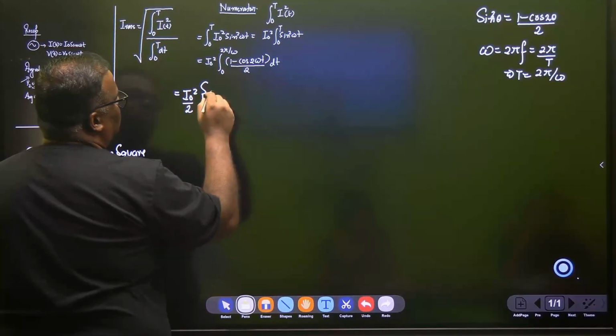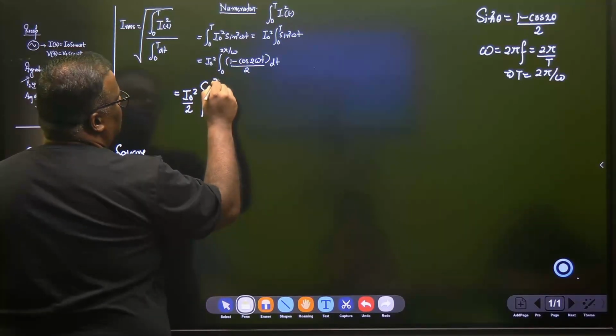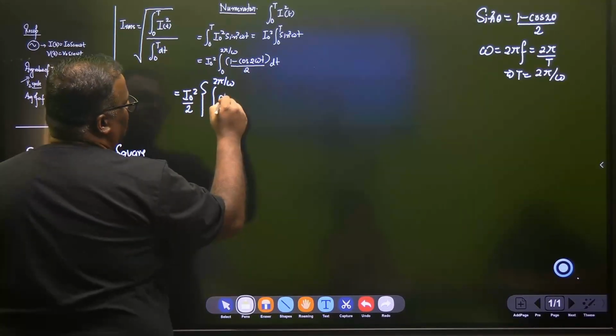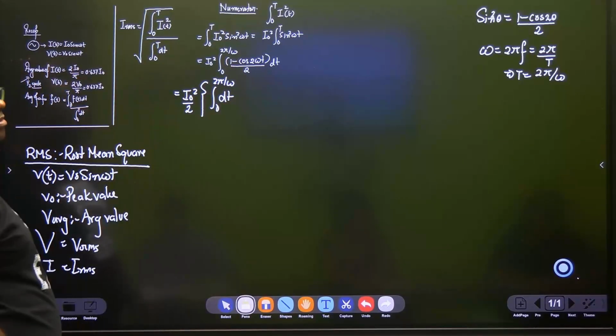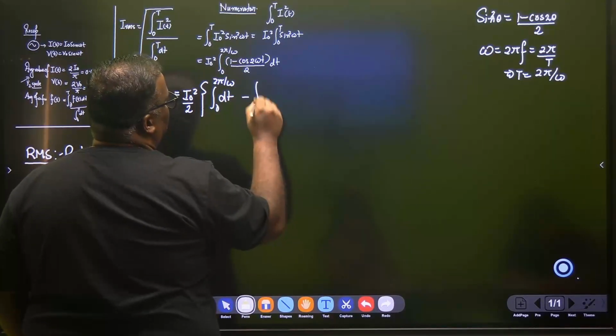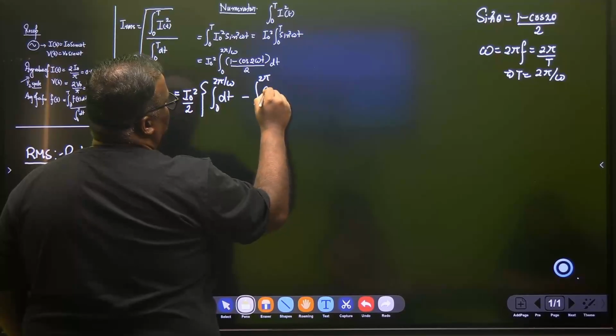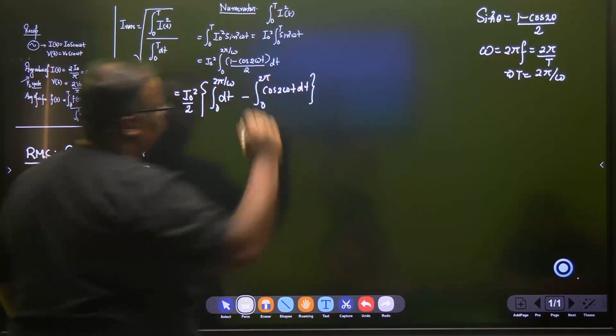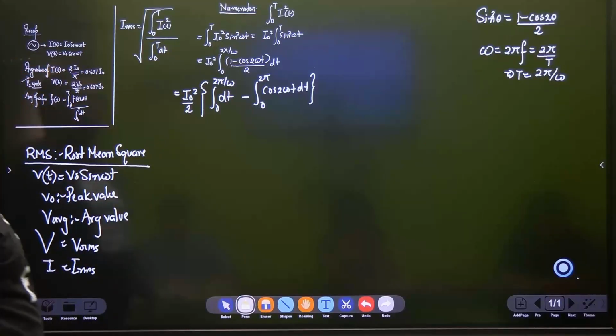So I've taken the 2 outside. I have an integral 0 to 2 pi by omega, and here it will be 1 dt. So I can write this as dt. Okay, so far. And then I have integral again 0 to 2 pi by omega cos 2 omega t dt. My second bracket closes. Fine.